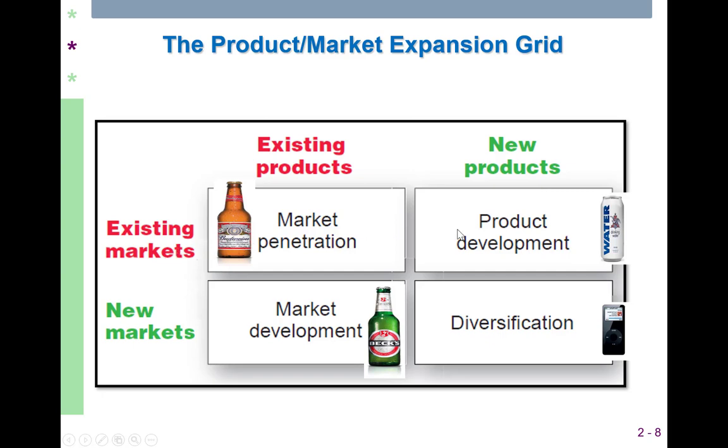Or you can go crazy and design something totally new that has nothing to do with your existing portfolio and diversify. All right, so it's just another way that a company can use a matrix to easily format things. That's the whole purpose of a matrix.